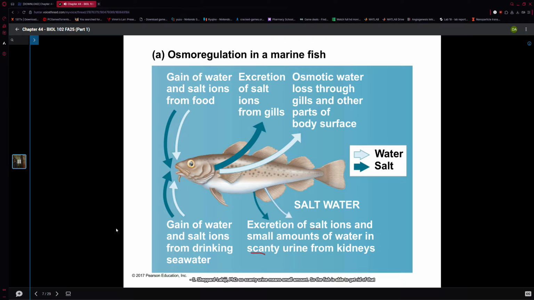So the fish is able to get rid of that salt and hold on to a pretty decent amount of water, so it doesn't become desiccated. It's taking in water and then getting rid of some of the salt so that it doesn't have too much, in order to maintain that balance. And so we can see within the urine of a fish like this that there will be small amounts. And when we think scanty urine in this scenario, we're thinking about preservation of the water that it ingested initially.